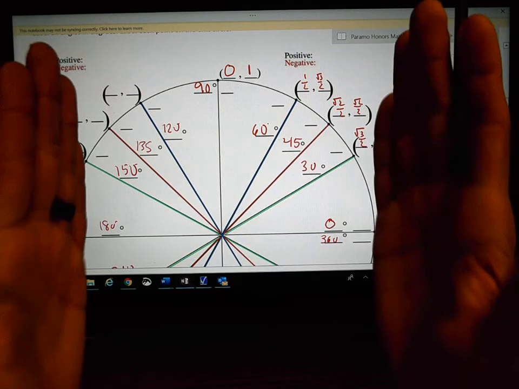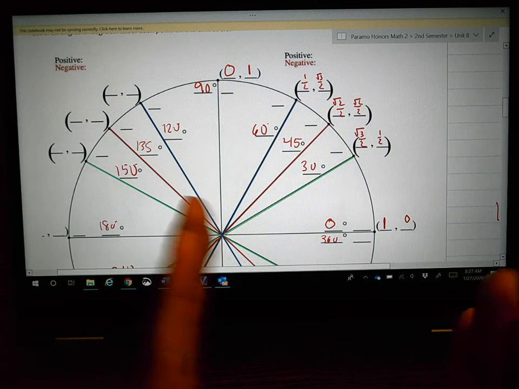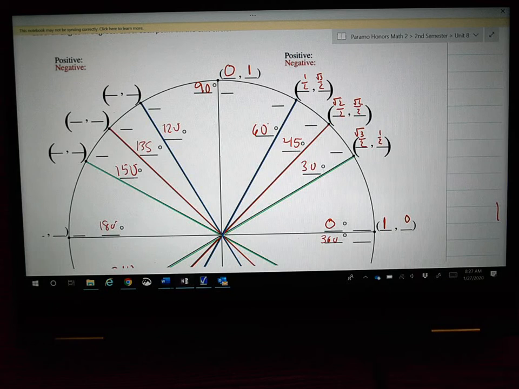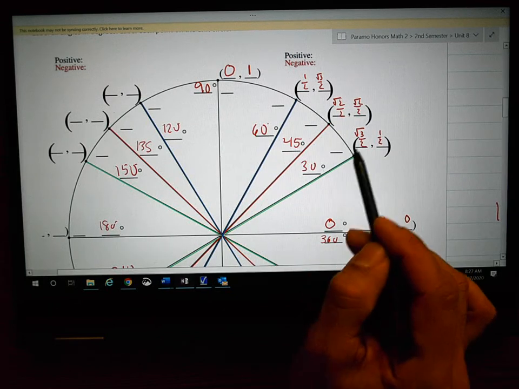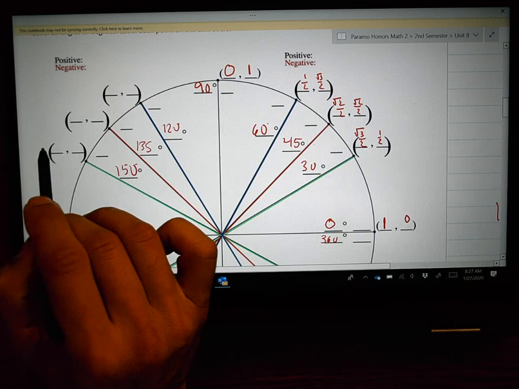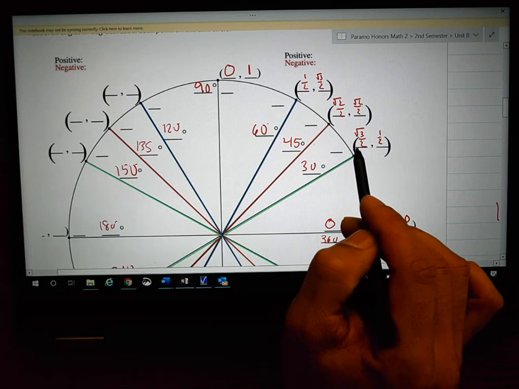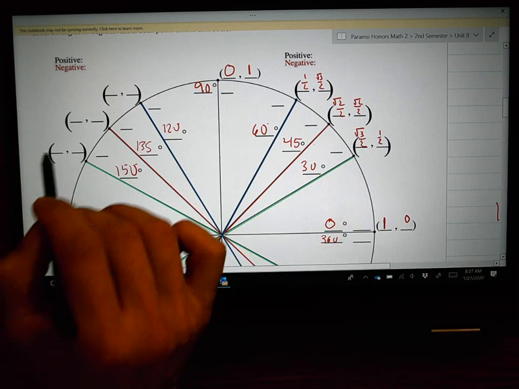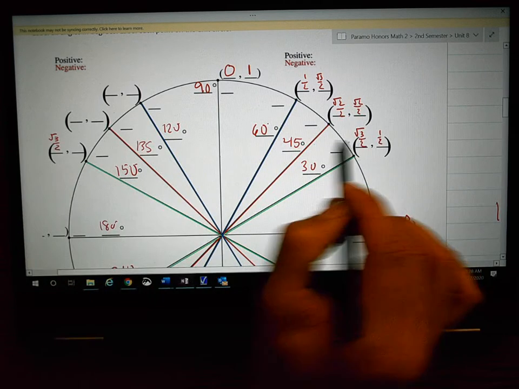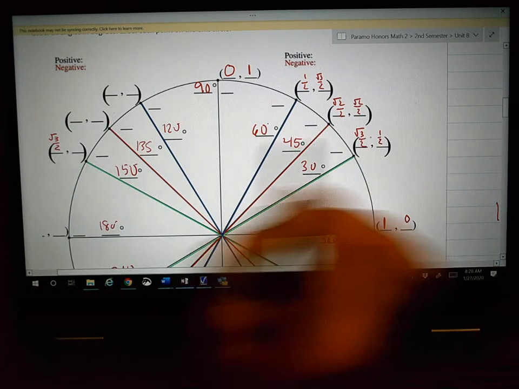It's the same triangle, which means the x and the y are the exact same ratios. This green angle here is the same over here. This x is the same as this x over here for 150. 30 degrees has the same x as 150. So I'm going to put root 3 over 2 for my x because that matches. And my y is going to be 1/2.